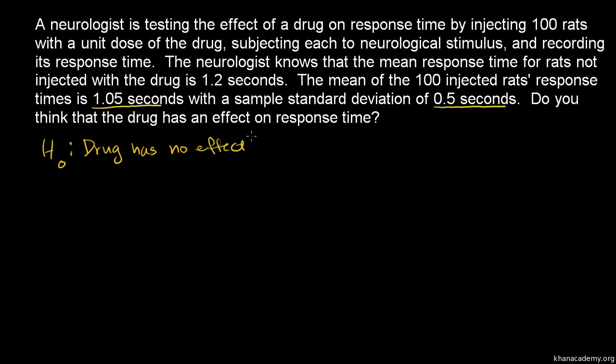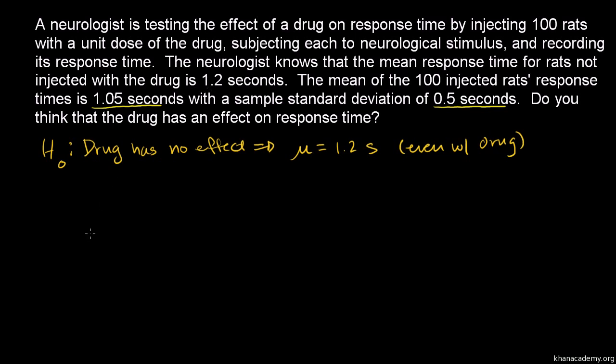Or another way to think about it is that the mean with the drug is still going to be 1.2 seconds, even with the drug. That's essentially saying it has no effect, because we know that if you don't give the drug, the mean response time is 1.2 seconds.